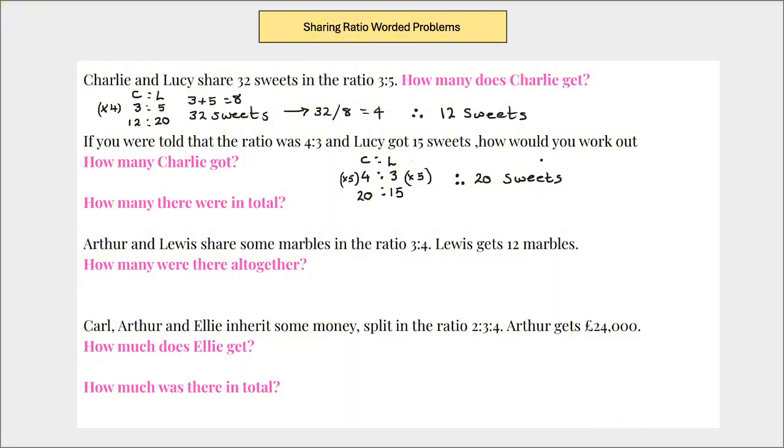So as you can see, you're using all those skills from basic ratios and putting them all into one to solve worded problems. You will get there, honestly. So it's asking you how many were there in total. Well, it's going to be 20 plus 15. So it's 35 sweets in total.